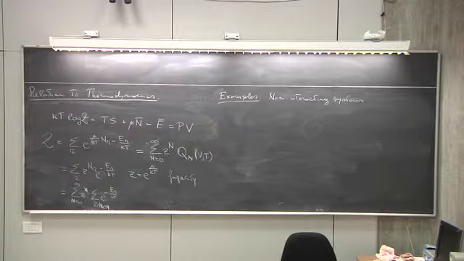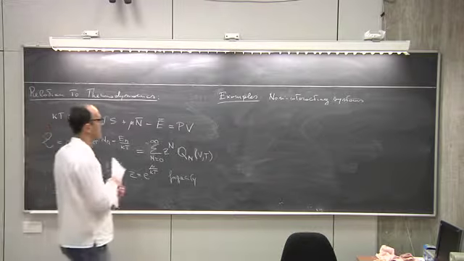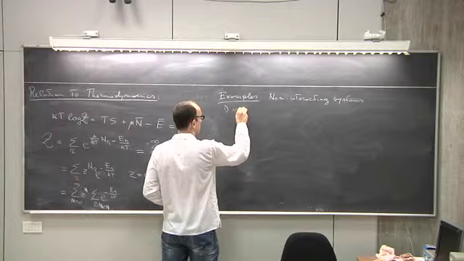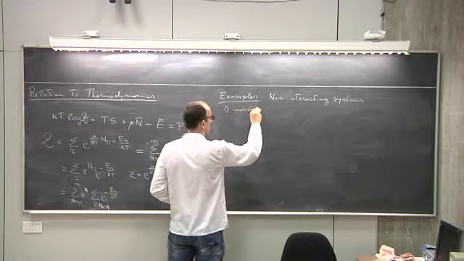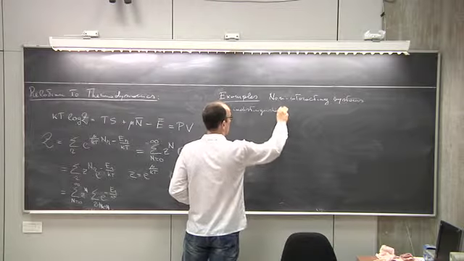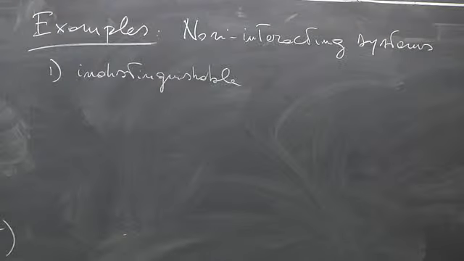And we can consider two different cases. The first case is when the particles are indistinguishable. This was, for example, the case of the ideal gas.